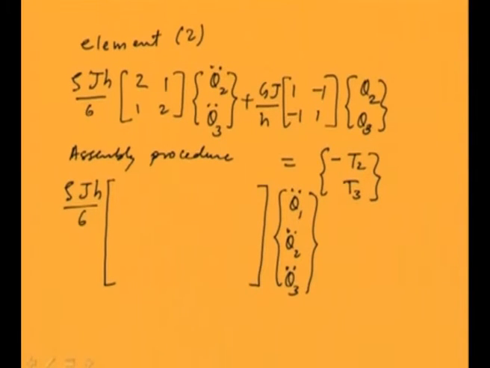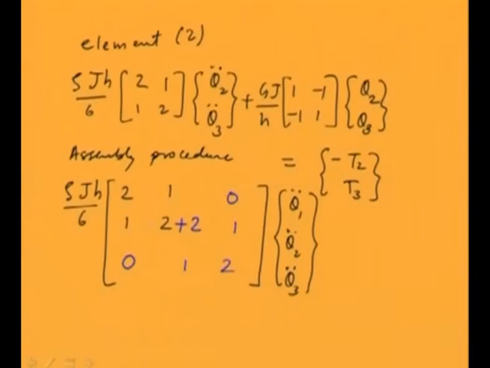So the first element is contributing here, the second element will be coming here, and the rest of the elements are 0. So this is the assembly. This blue color represents element 2, and black color represents element 1 contribution. Similarly, we can assemble the stiffness matrix.